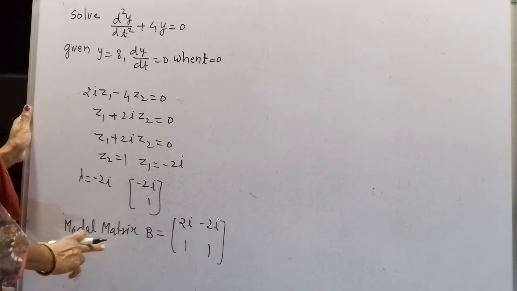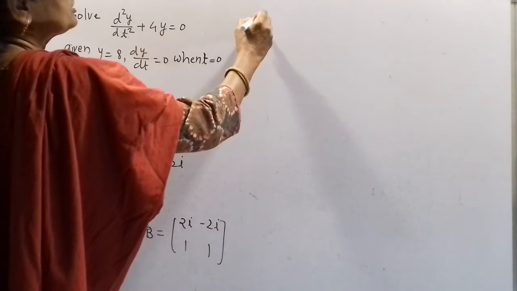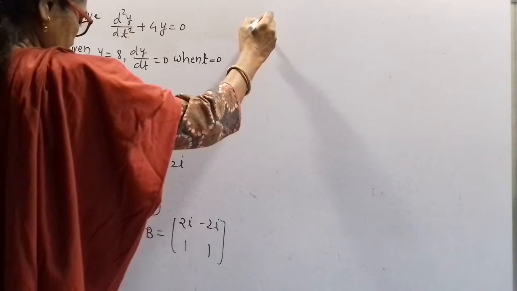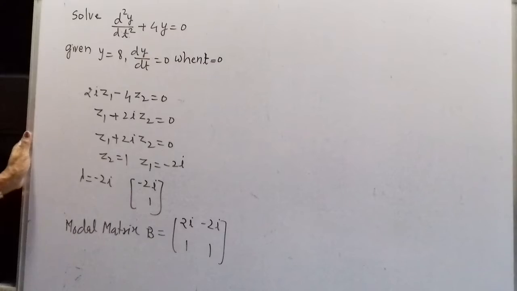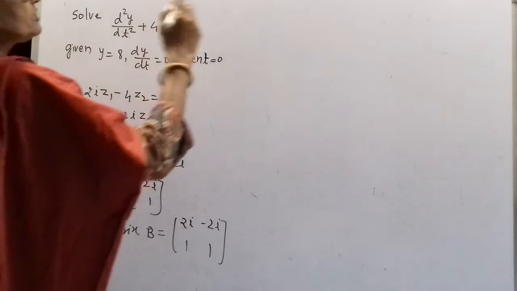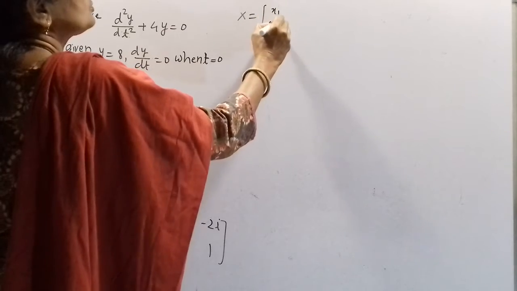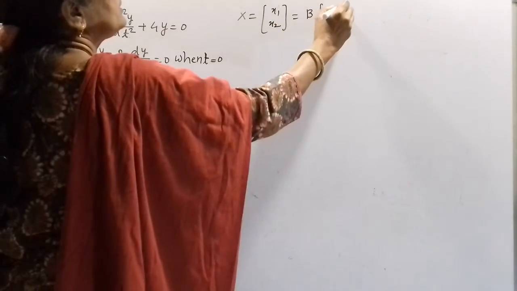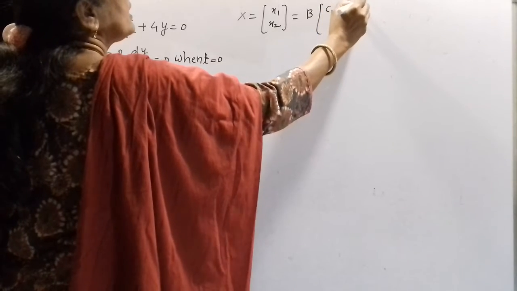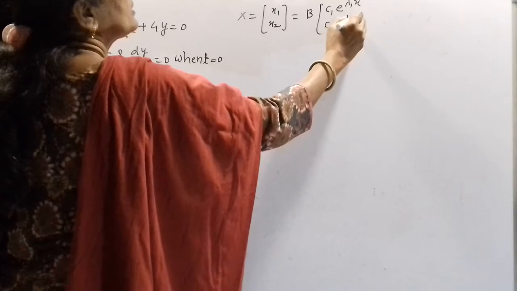Now the solution of this equation is given by x, that is x1 x2, is equal to B into c1 e to the power of lambda 1 x and c2 e to the power of lambda 2 x.